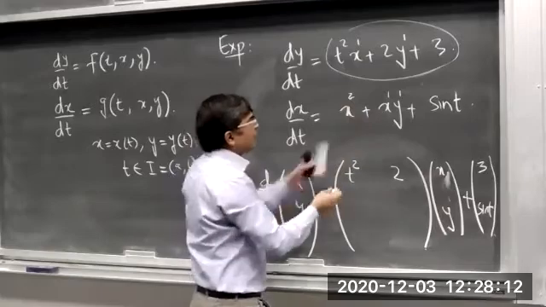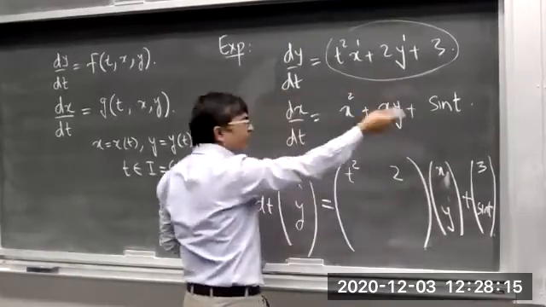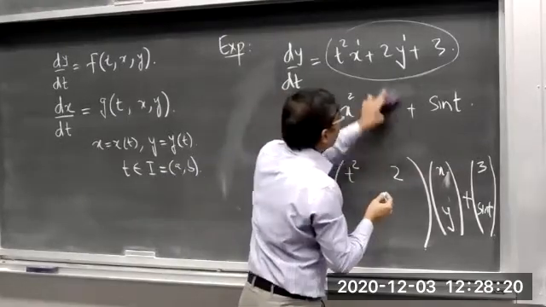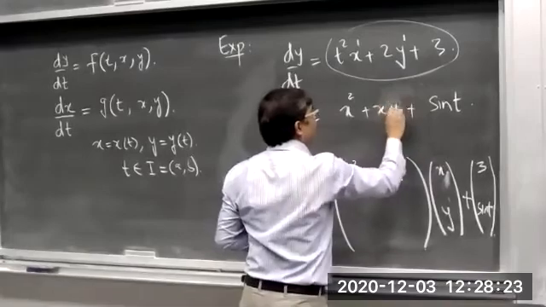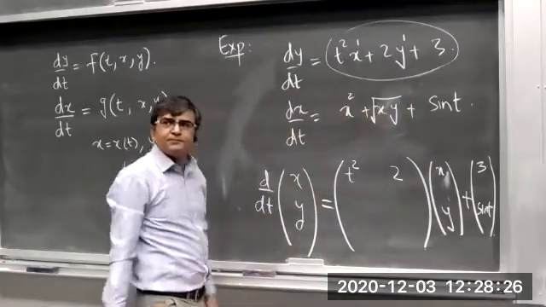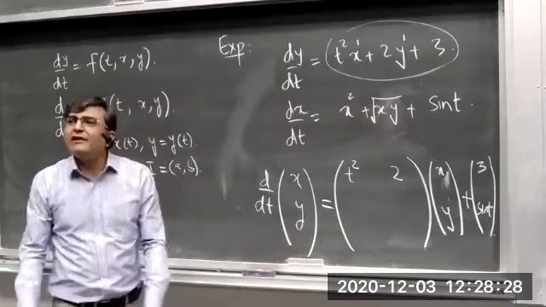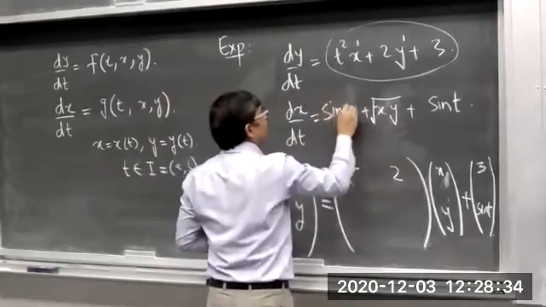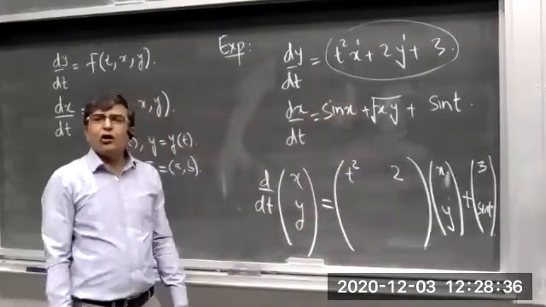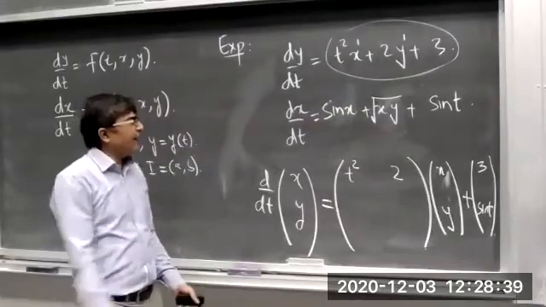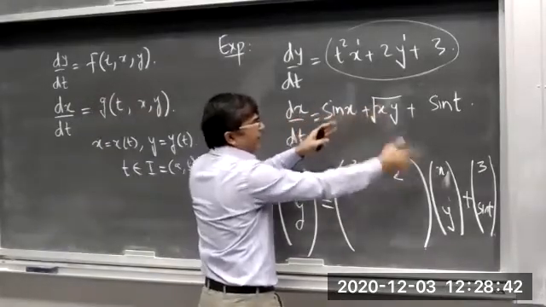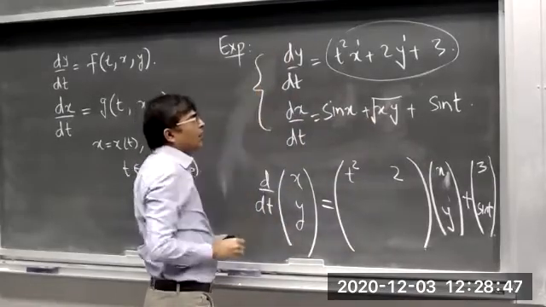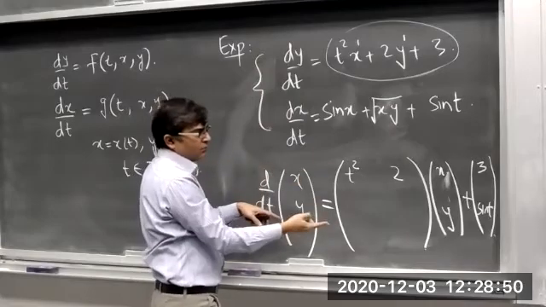It is not necessary that here it is x square or xy. Here there could also be x square, x under root y, or x y square root. It could be anything, any non-linear function. Let me write sin x instead of x square. It may involve any function of the dependent variable. Then we cannot separate the variables x and y here, so we cannot write this non-linear system into matrix form.